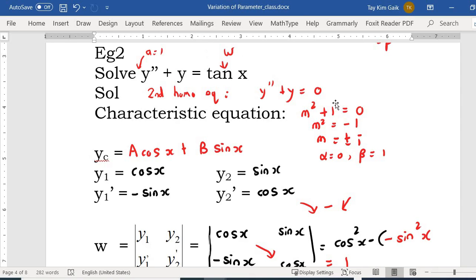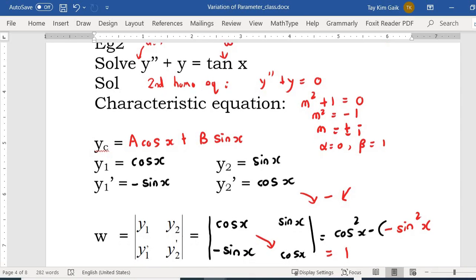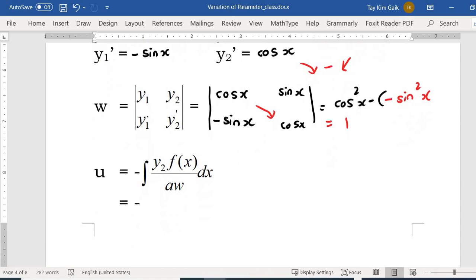So plug in the A, f(x), W into the formula for your u. So u is negative integral y2. y2 is sin x. So you have sin x. f(x) is tangent x. A is 1. W is 1, dx. So integrate sin x tangent x.